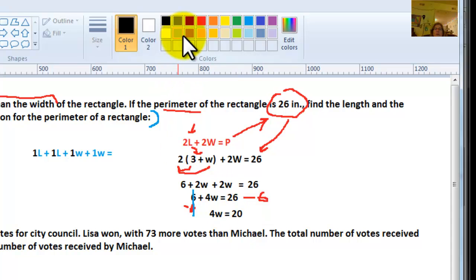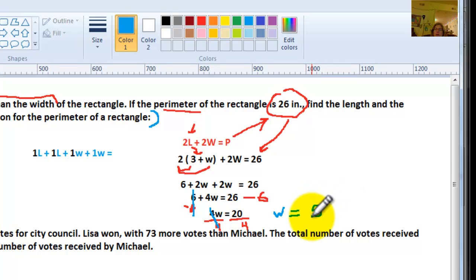Okay, now we simply divide both sides by 4, because in order to get that 4 off the W, it's multiplied, so we have to divide to take it off, but on both sides of the equation. So then what we have is W equal to 5, because 4 over 4 is 1. 1 times W is W, and 20 over 4, which is 4 into 20, is 5.